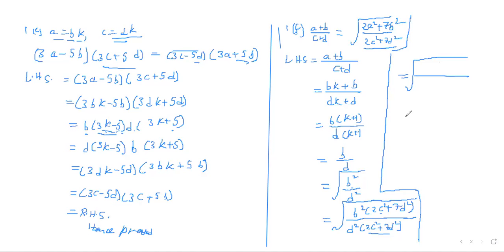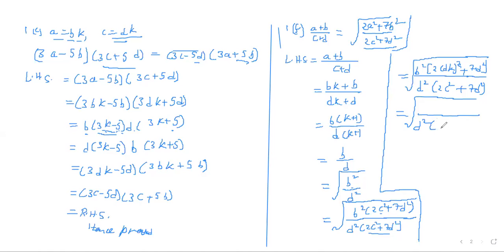Under root of b square into 2 into dk whole square plus 7d square, and in the denominator d square into 2c square plus 7d square, as we have to bring it in denominator.